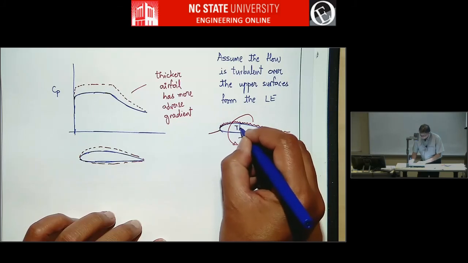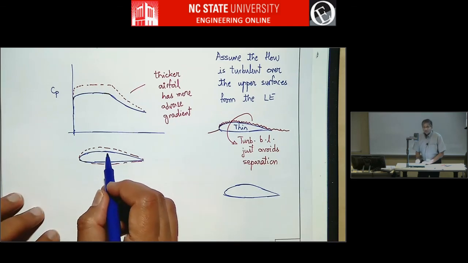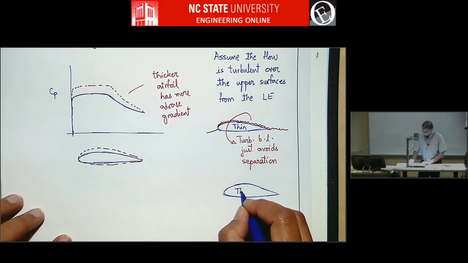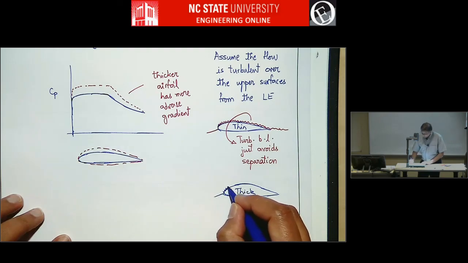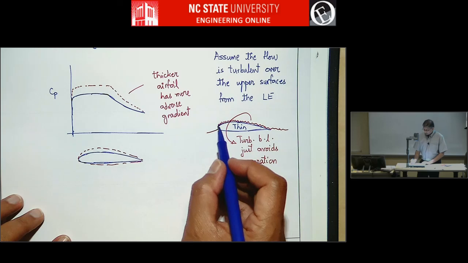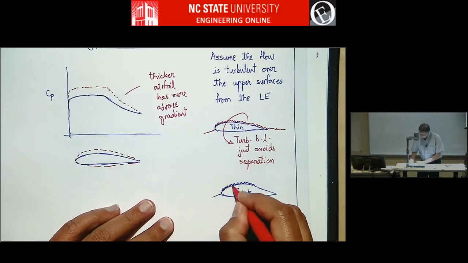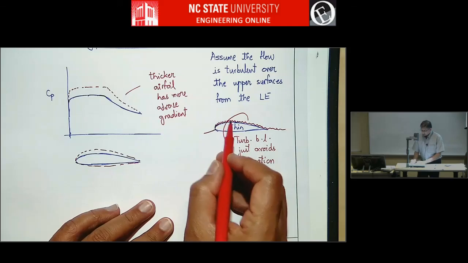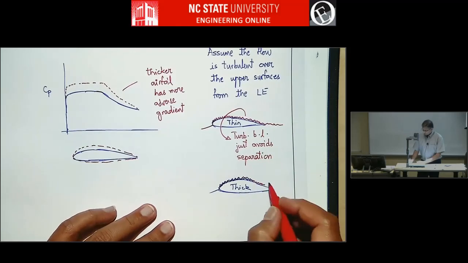Okay, so this is thin and this is thick. So this is the thick airfoil from here. And now, obviously this boundary layer, it's the same boundary layer, right? It's pretty much the same. From the leading edge you have turbulent boundary layer just like this, but now it's encountering much more adverse pressure gradient and it can't go all the way to the trailing edge and stay attached.